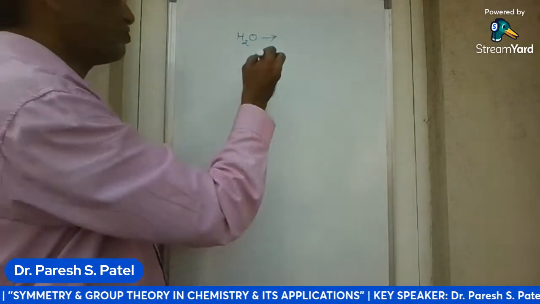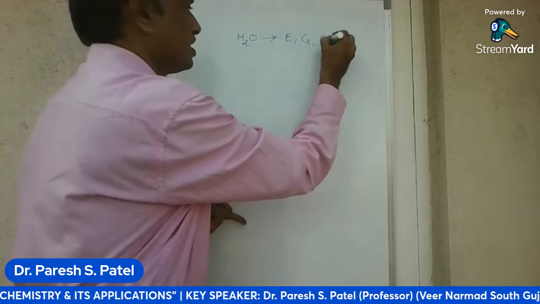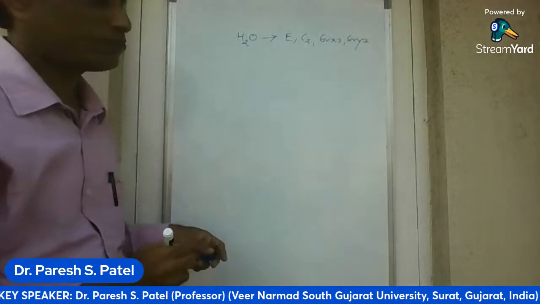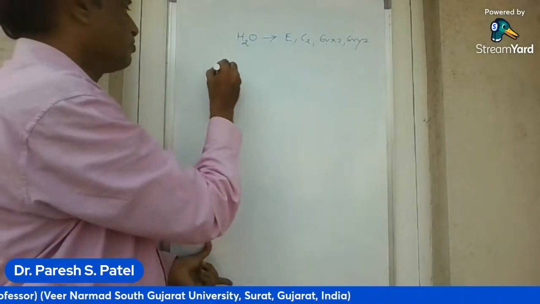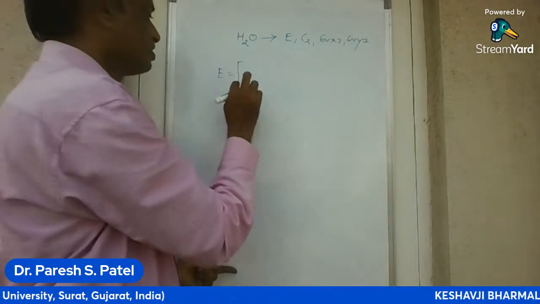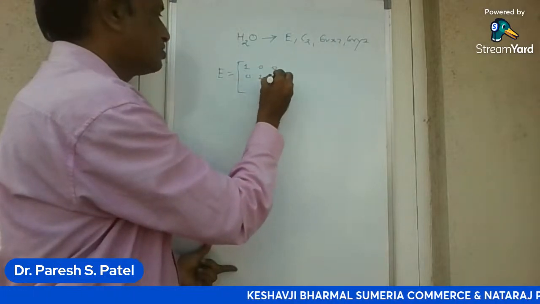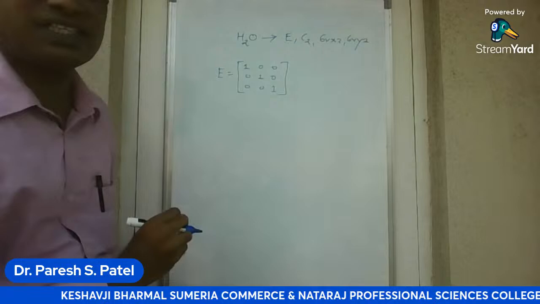We know that the water molecule consists of the symmetry elements E, C2, sigma v xz, sigma v yz. If we go for the symmetry operations, we already discussed that the matrix representation for identity is nothing but 1, 0, 0, 0, 1, 0, 0, 0, 1. So this is the matrix representation for the identity symmetry operation.